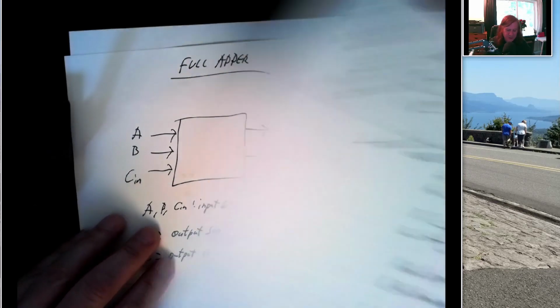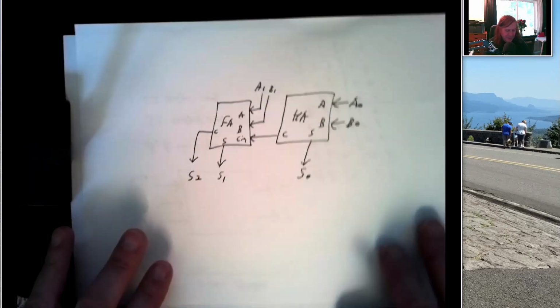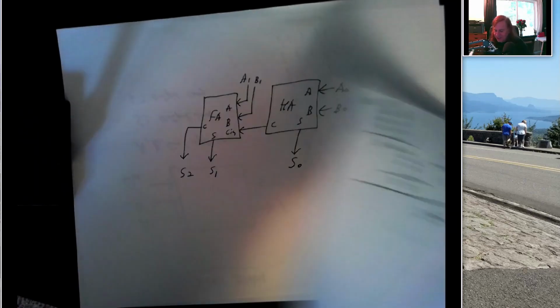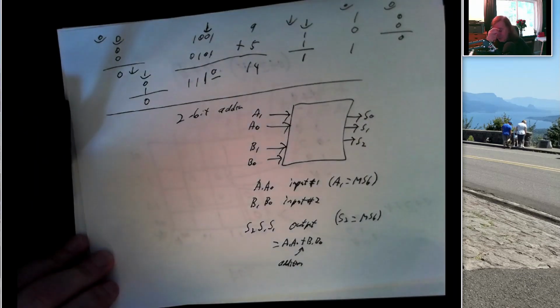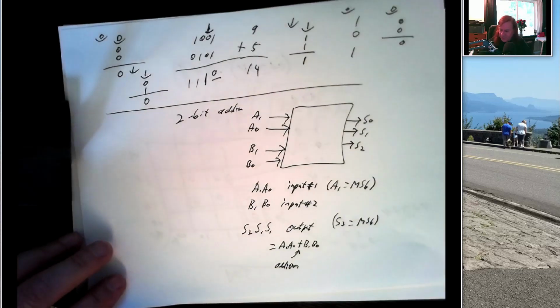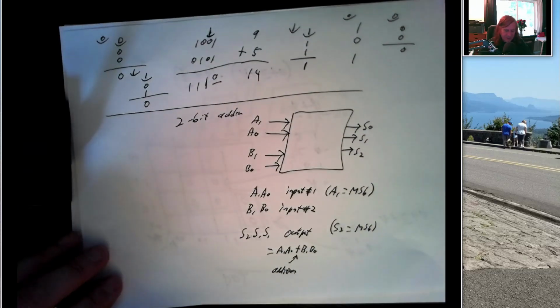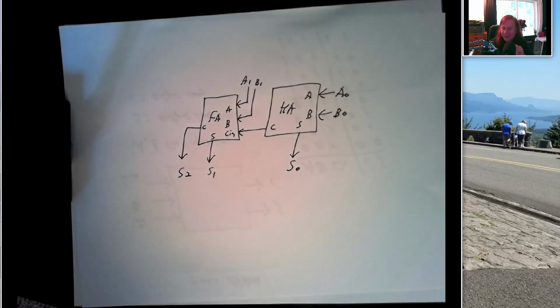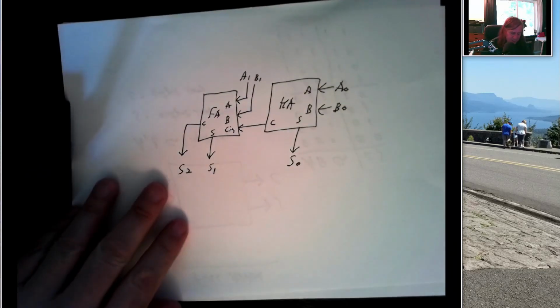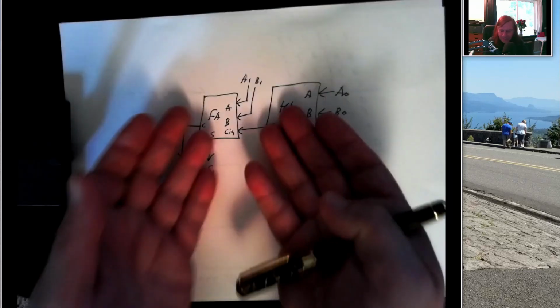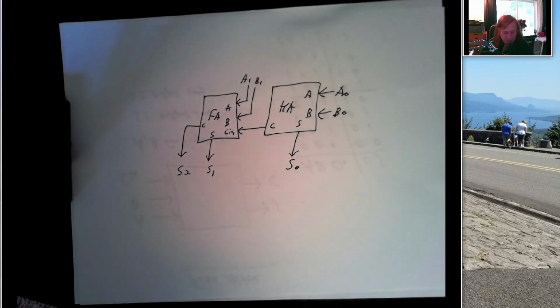What you want your 2-bit adder to do, and how this is getting the same behavior that you could get by making a big long truth table. But instead of just blindly making a truth table with 4 inputs, 3 outputs, we're functionally describing how we add 2 2-bit numbers and then building a circuit based on that functional understanding.